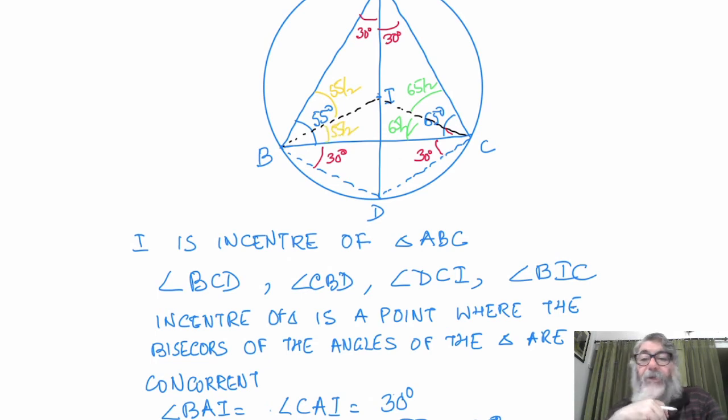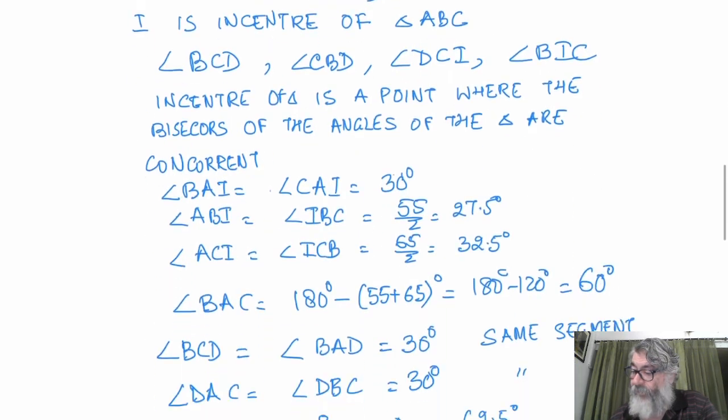Why? Because I is the incenter, and the incenter is the point of concurrency of the internal angle bisectors. That is why it is 30, 30, 65 upon 2, 65 upon 2, 55 upon 2, 55 upon 2. All angles are written here, which you can easily see.